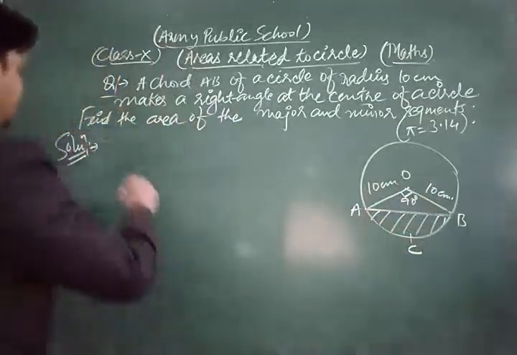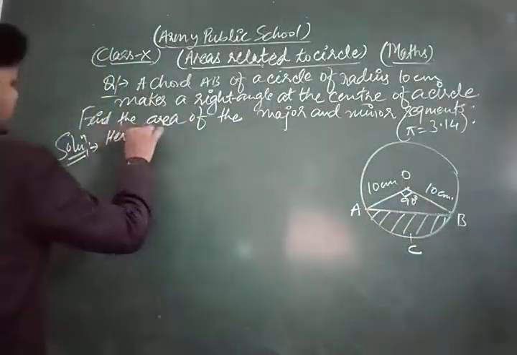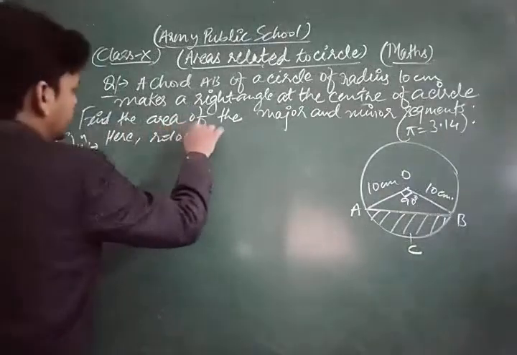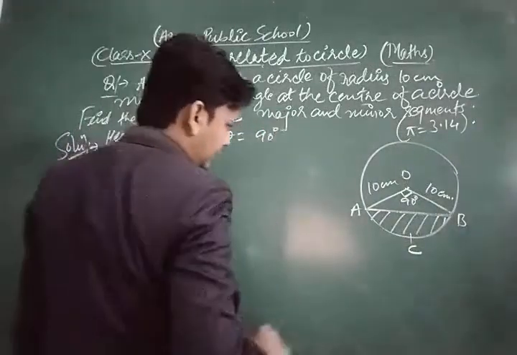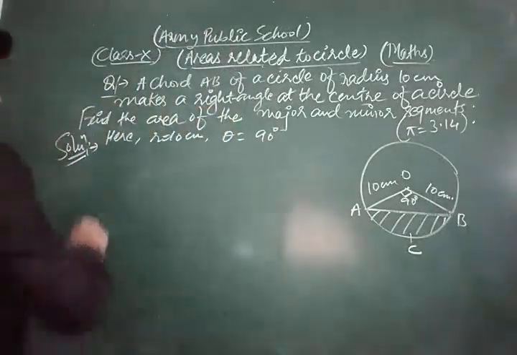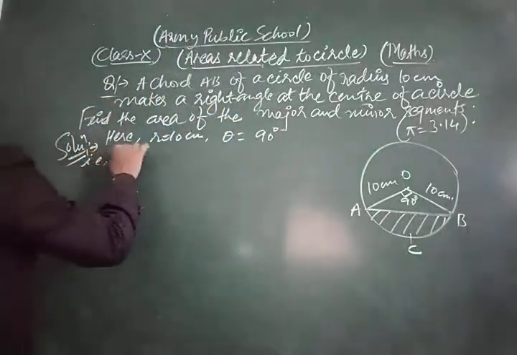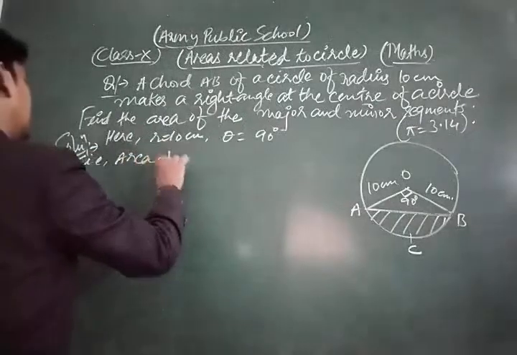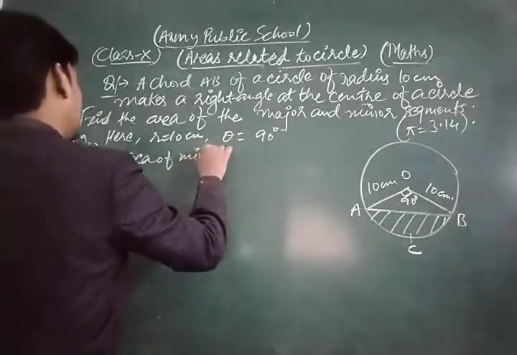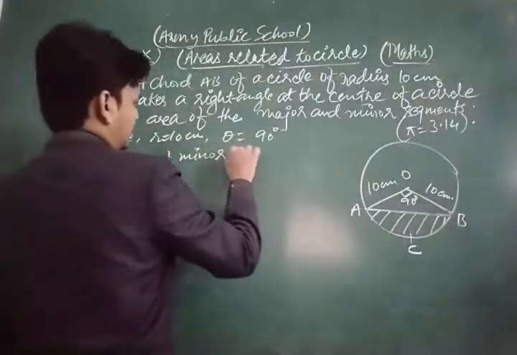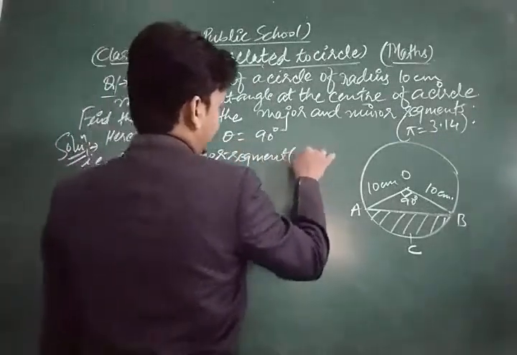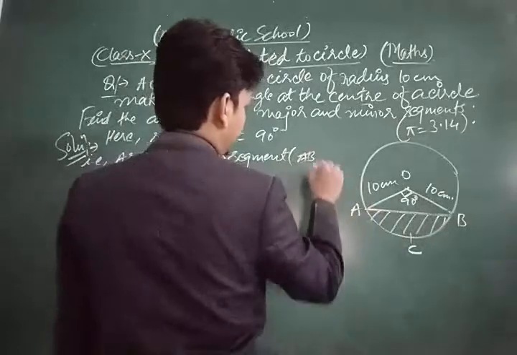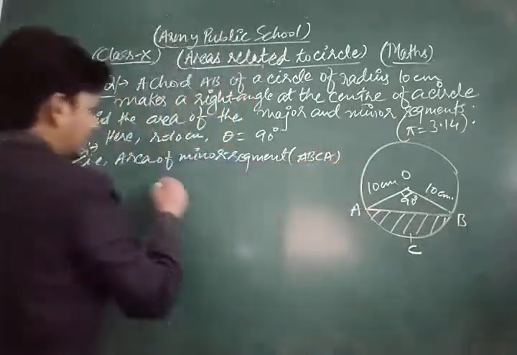Now here radius is what? 10 centimeter. Central angle is what? 90 degrees. So area of minor segment ABCA is equal to what?